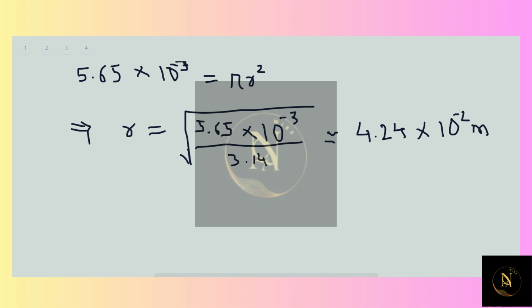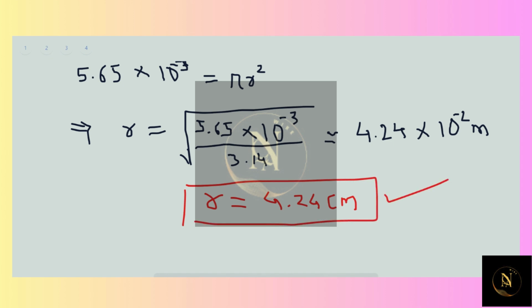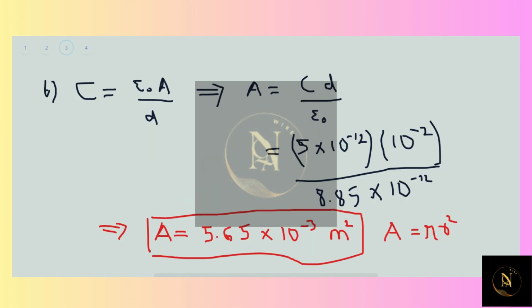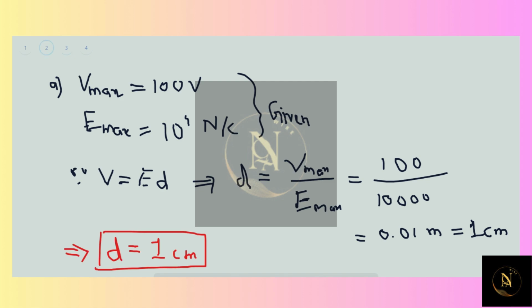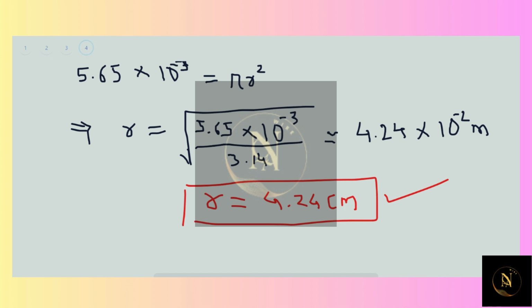In other words, the radius is r equals 4.24 centimeters. So this is the dimension of each plate in terms of radius, and that is the distance between the plates. We have found the distance between the plates and the dimension of each plate using the given conditions.